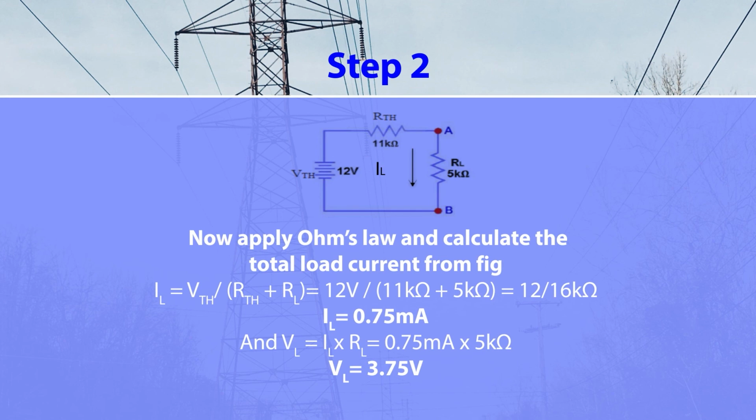And what is the value of IL? The value of IL is 0.75 milliampere and the value of load resistance RL is 5 kilo ohm. When you multiply these two quantities, you get VL equal to 3.75 volt. So this is how you are able to apply Thevenin theorem to calculate the load current or load voltage.